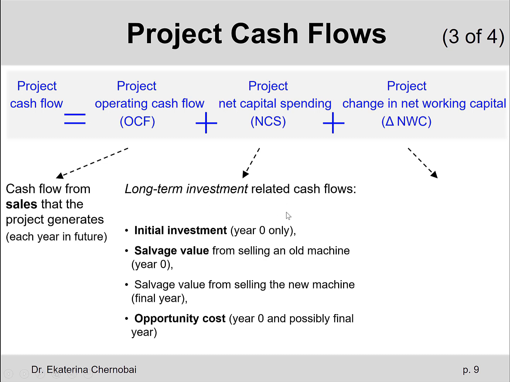Add more square footage. So that would be an extra net capital spending sometime in the middle of the project's life. But in this chapter, the only cases that we will be looking at are the ones where we buy something in year 0. That's essentially what we call the initial investment. And when we sell that used in the final year of our project, right?